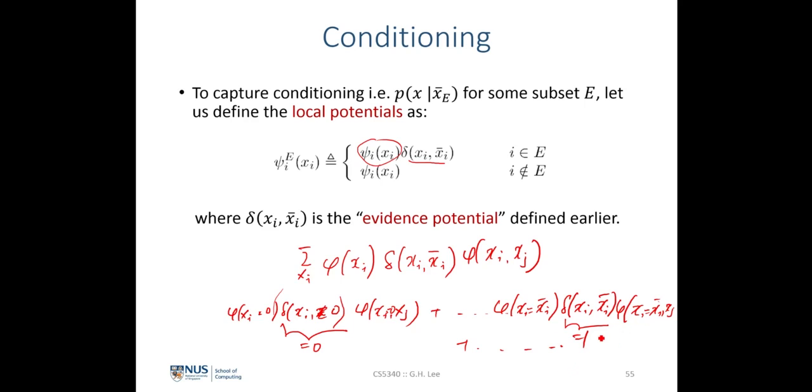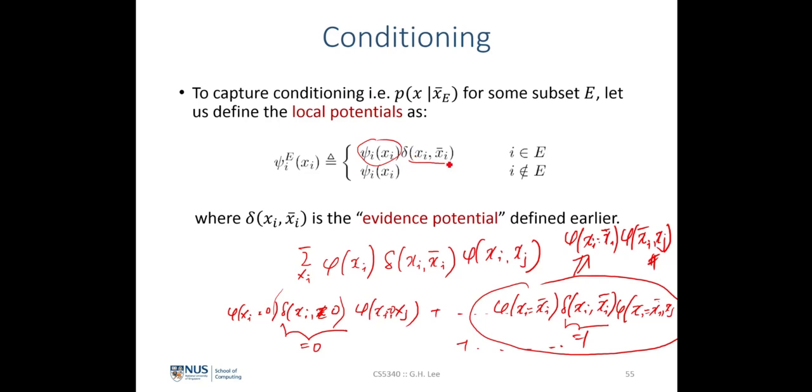Hence, only this term survives this operation, and the result evaluates to simply the unary potential taking x_i bar, as well as the binary potential taking x_i bar and x_j. So it will be sufficient to represent the evidence potential only in the unary term.